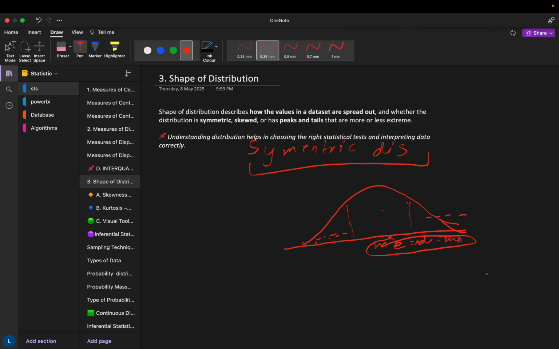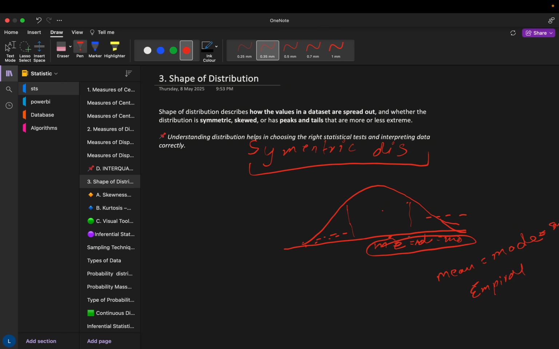It is normally the bell-shaped curve where most of the values are around the center, and in symmetric distribution mean is equal to median is equal to mode.